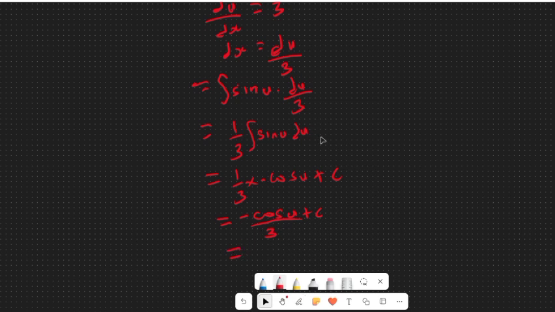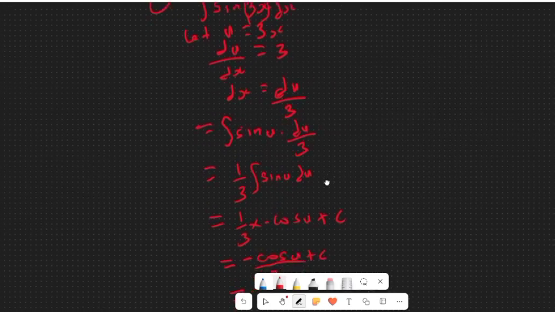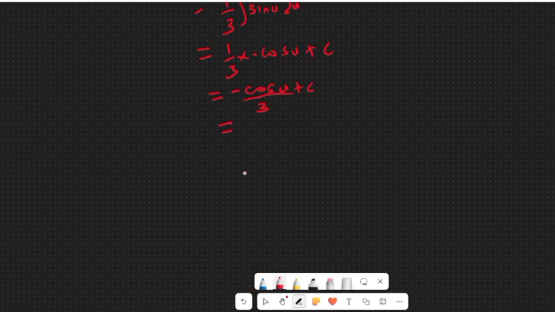And what is our u? Our u is 3x. So this is minus cos 3x over 3 plus c. So that is the answer to that.